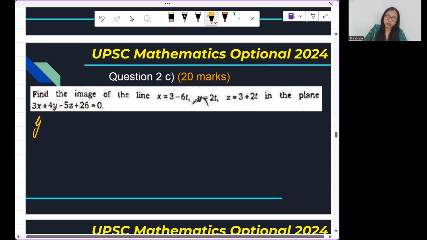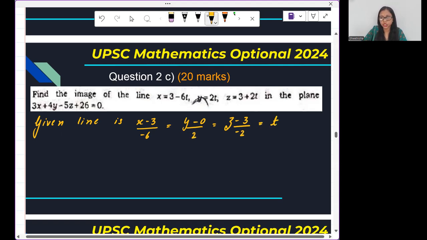So given line is, you can very easily write its symmetrical equation of this line, which is x minus 3 divided by minus 6, y minus 0 divided by 2, and z minus 3 divided by minus 2 is equals to t.